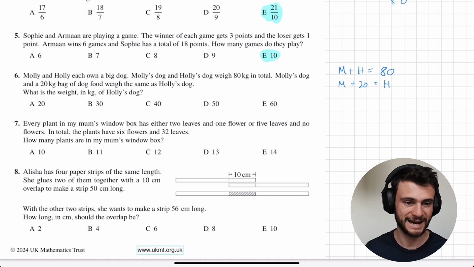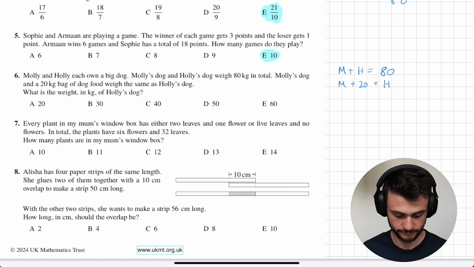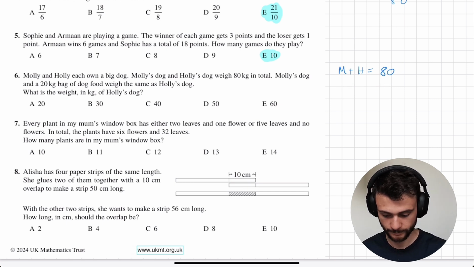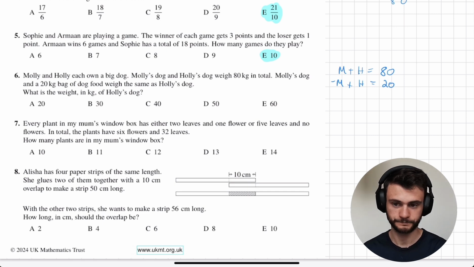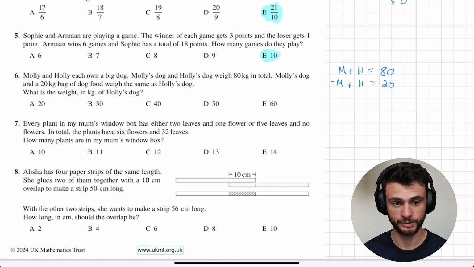So you can think about how you want to combine these two equations together. We could start by writing the variables a slightly different way. So we could write minus M plus H equals 20, which is the same thing as saying Holly's dog minus Molly's dog is equal to the 20 kilogram bag of dog food.